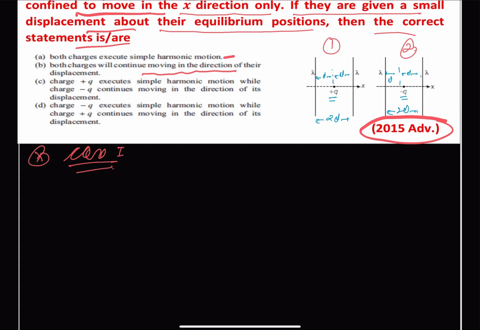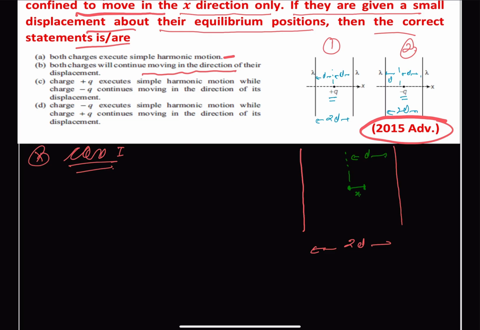And here we have two plates. Distance between the two plates is about 2d, and the equilibrium position is somewhere here. And let us suppose it is displaced by a small amount x, and this was our d.